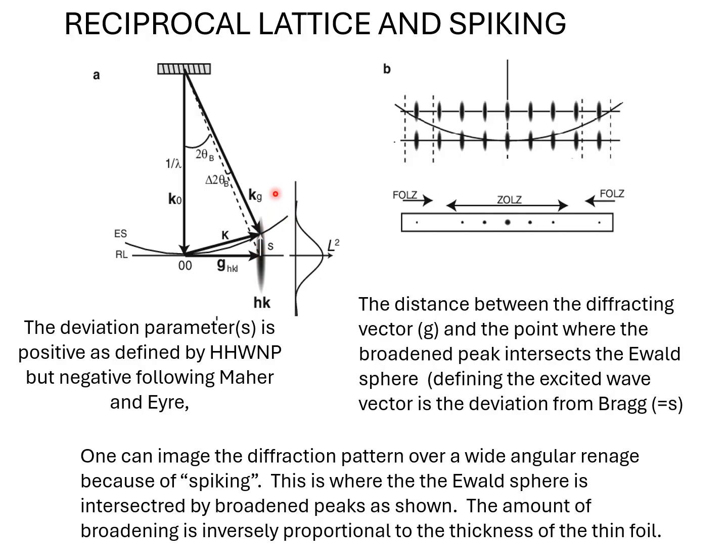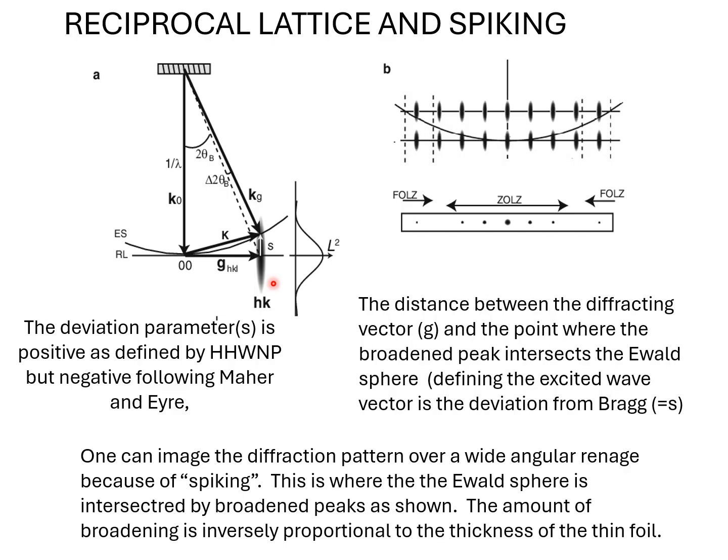Now, the Bragg condition is only achieved where the wave vector, if you like, the scattering that defines the scattered wave, intersects the Ewald sphere. My reciprocal lattice point doesn't necessarily have to be on the sphere to show up, because the reciprocal lattice point is not actually a point.